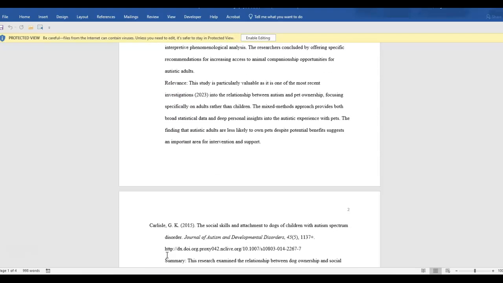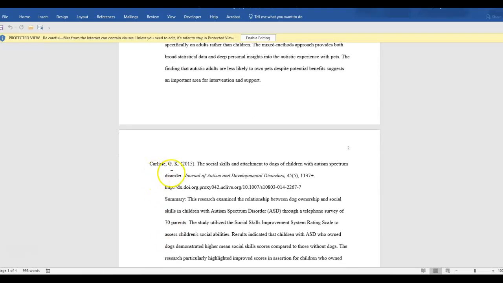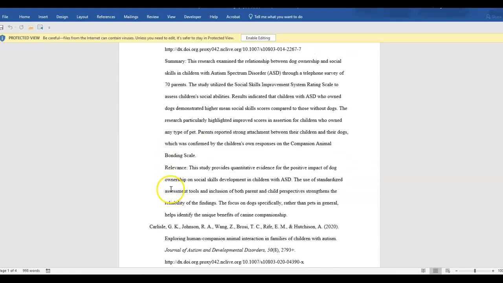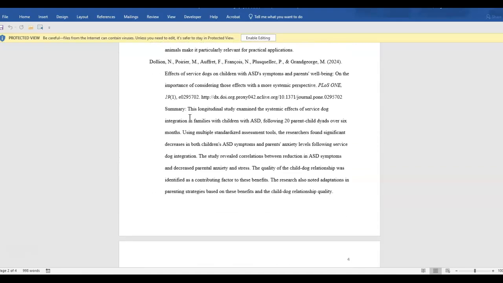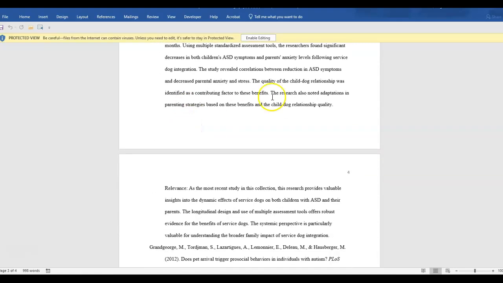Same thing all the way through. You'll have 5 of them: your APA citation, your summary aligned with your hanging indent, and then your relevance. So you'll continue on and do all 5.